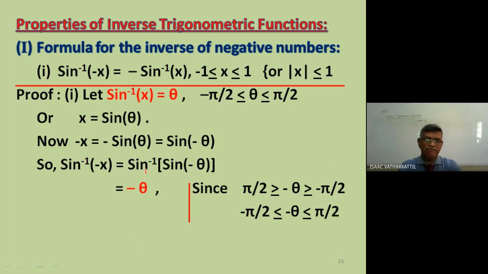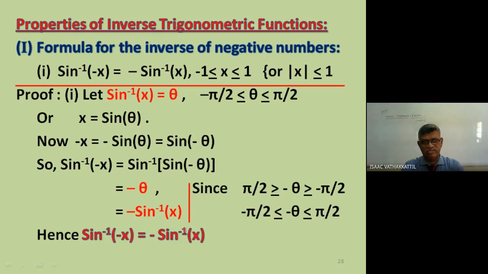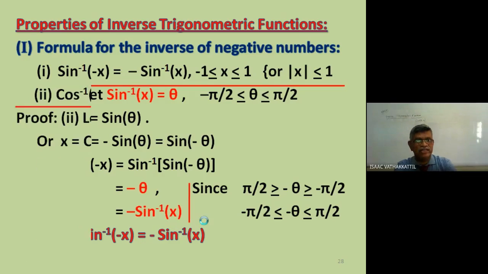Right? And therefore sine inverse sine minus theta is minus theta. But what is theta? Sine inverse x. So this is minus sine inverse x. So sine inverse minus x equals minus sine inverse x. Okay? The first result is clear. Sine inverse minus x is minus sine inverse x. Let's take that for cos.